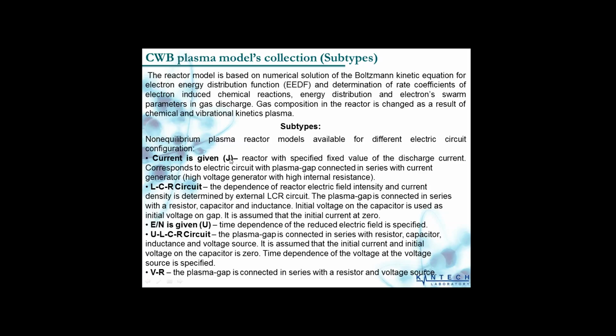The first one is when you have a given current. This case corresponds to when the plasma gap is connected in series with a current generator with a high internal resistance. Another simple case is when the electric field is given.